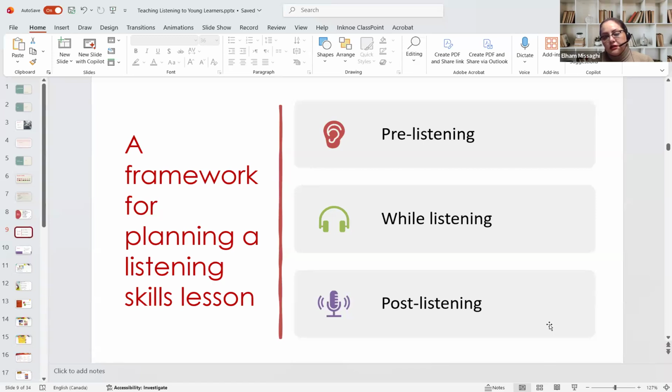Well, with the pre-listening, it sounds like we would be asking the students questions that get them interested in the topic to come. Okay, what would you ask? The listening is about a person who's talking about his new career, which is opening a coffee shop. How long have you wanted to be doing this type of career?